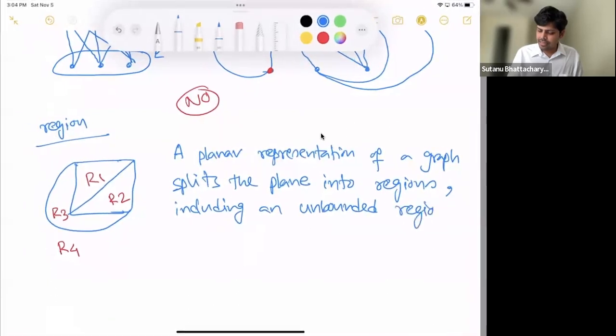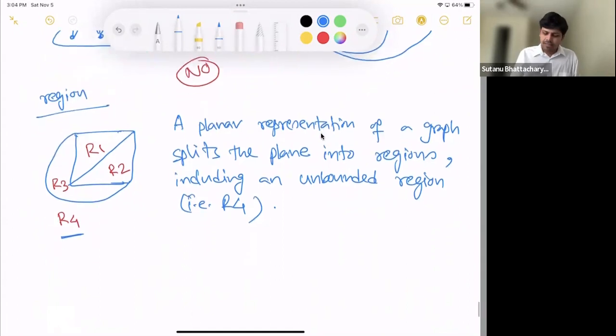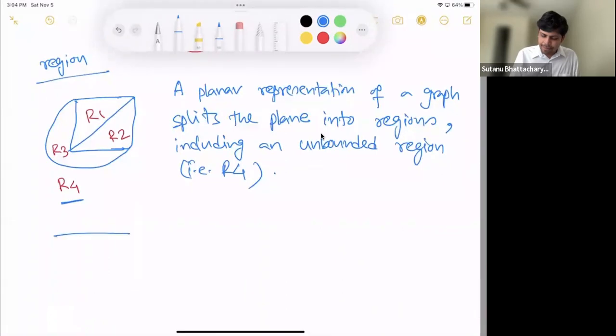That is here, that is R4. So R4 is the unbounded region, and R1, R2, R3 are bounded regions, bounded by edges. So this is a region. Now let's take another example.